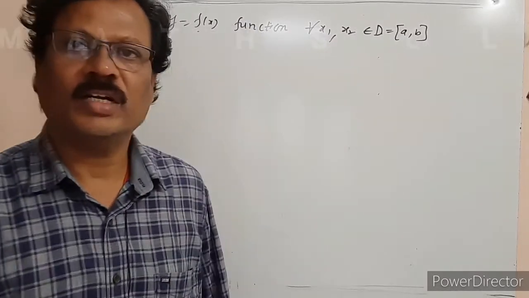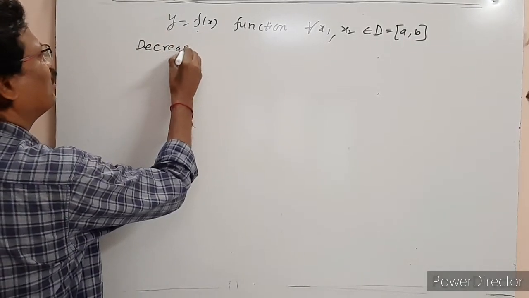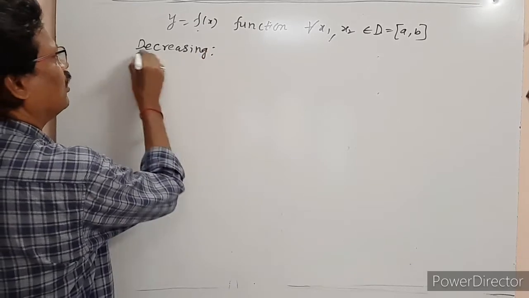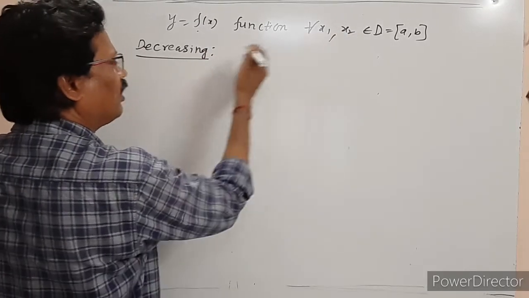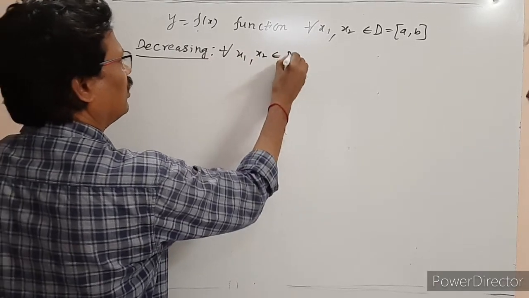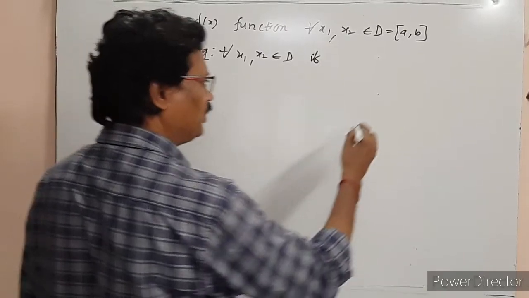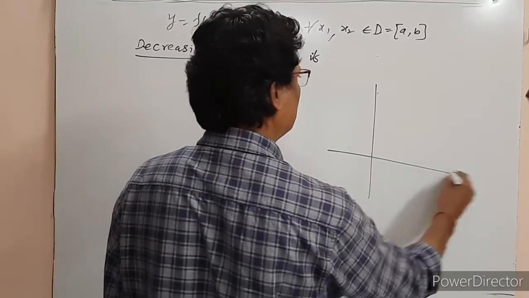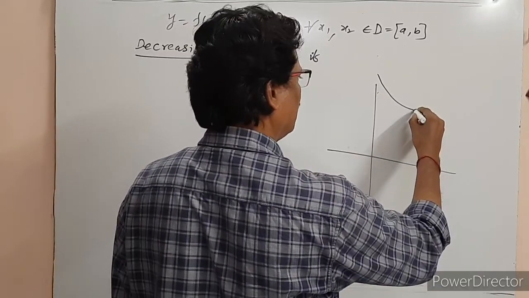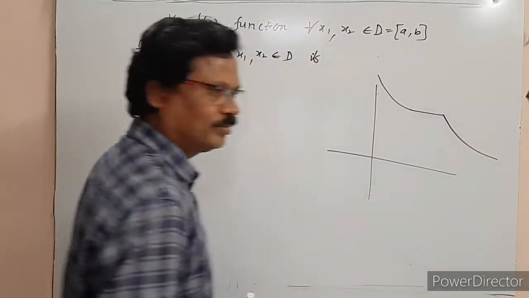Now let us see the decreasing. For every x1, x2 belonging to the domain, if you see the graph of this, like this, and again it is moving like this.